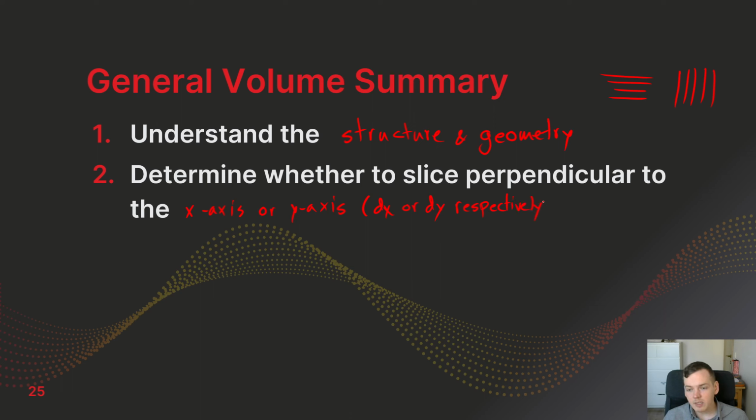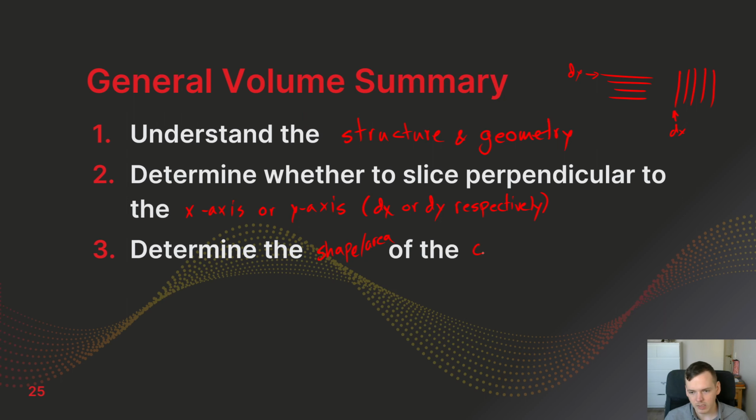So if you slice perpendicular to the x-axis, you're making your slices dx thickness. If you slice perpendicular to the y-axis, you're making them dy thickness. Then determine the shape slash area of the cross section.